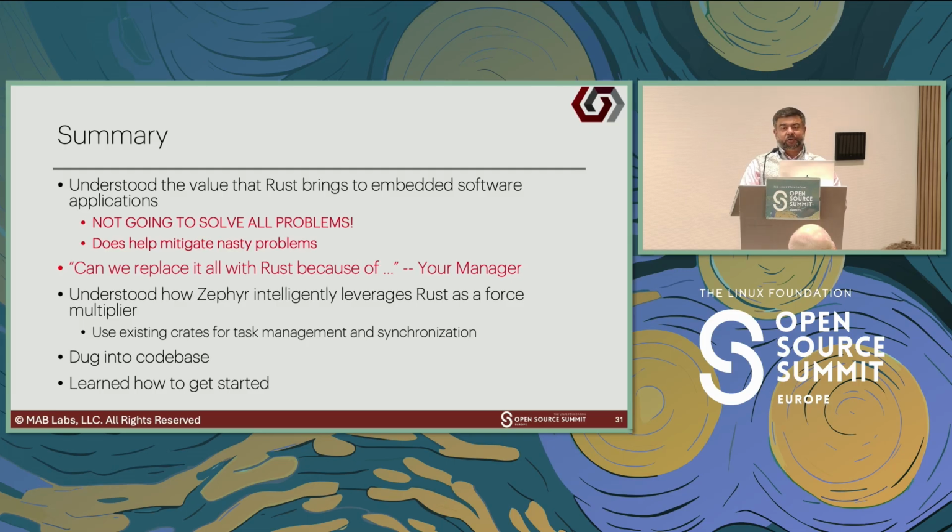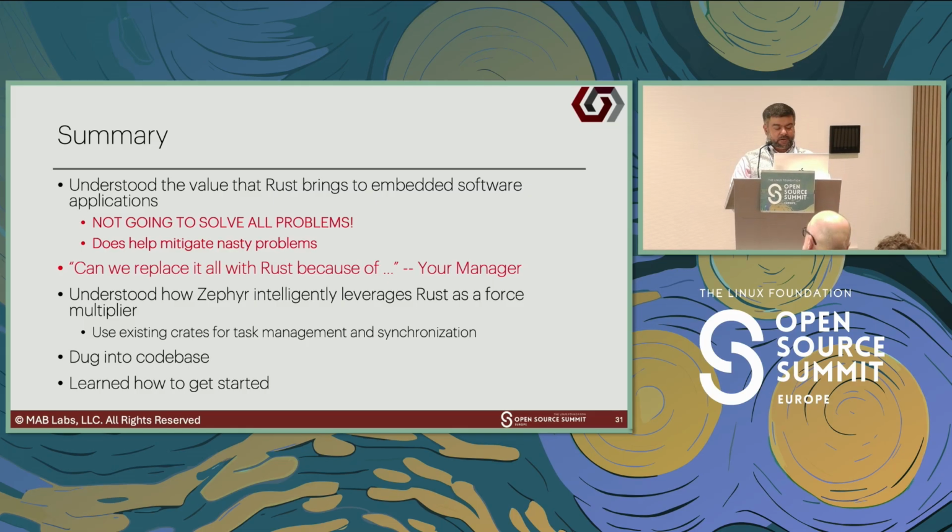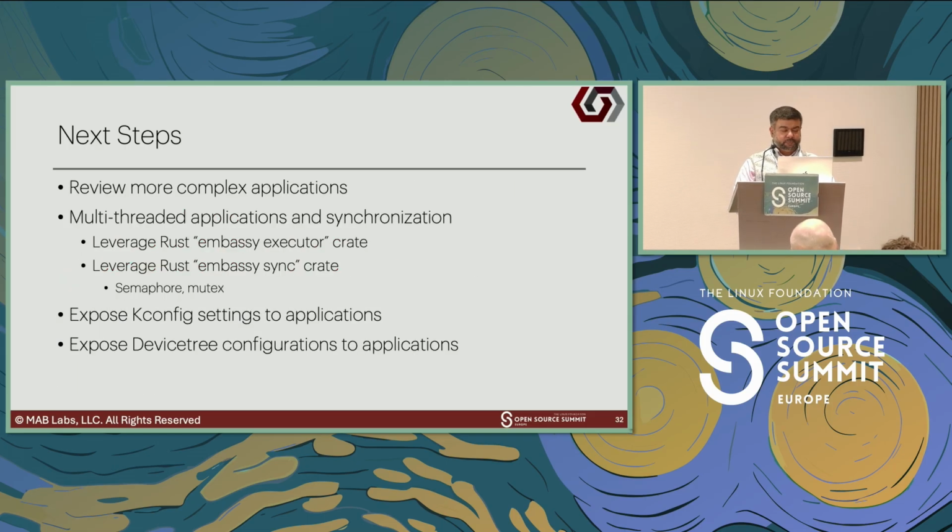So it can be used pretty nicely because there's a lot of features that Zephyr can leverage from Rust that can enable it to be a force multiplier, right? You have this existing code base that you can reuse in your RTOS to allow you to manage some of the memory issues as well. And then, like I said, we dug briefly into the code base, not too extensively, because I only have about 10 minutes in my talk, and then we learned how to get started.